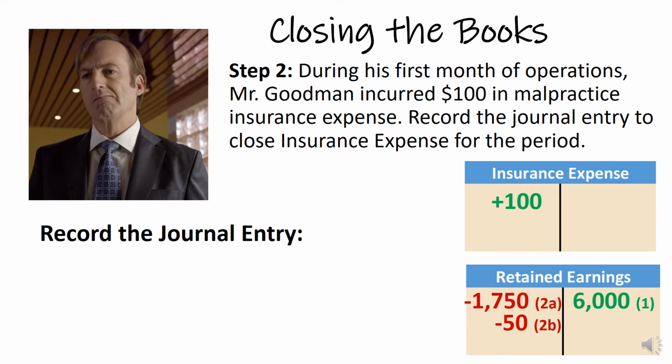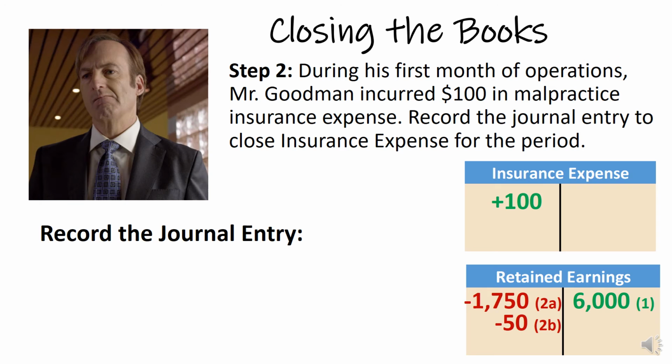Another category of expenses that Mr. Goodman maintained was his malpractice insurance. Of the amount that he prepaid during his first month of operations, $100 worth had expired.